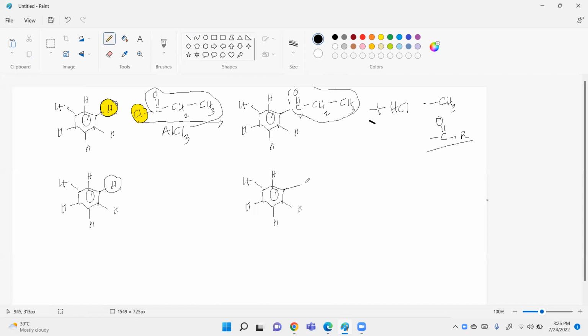Let us see what is going to get attached over here in this acylation. You can write anything. CH3. Maybe here you have a cyclic part, and here we have hydrogen. Now, what is the reagent you are going to use? Again, see the simplicity of this.